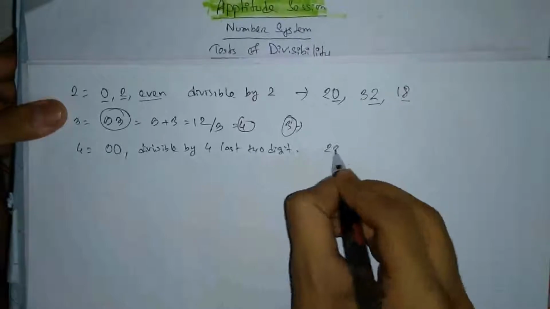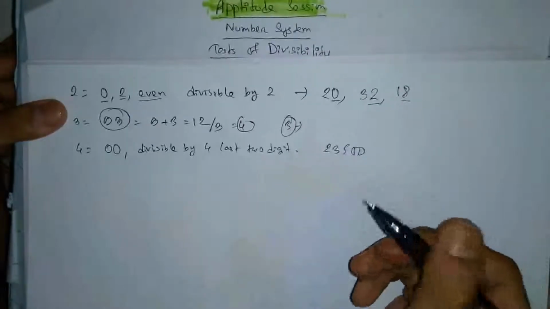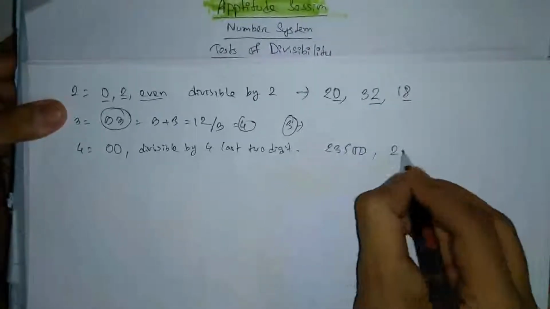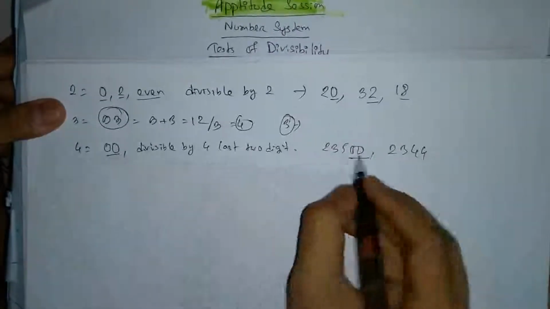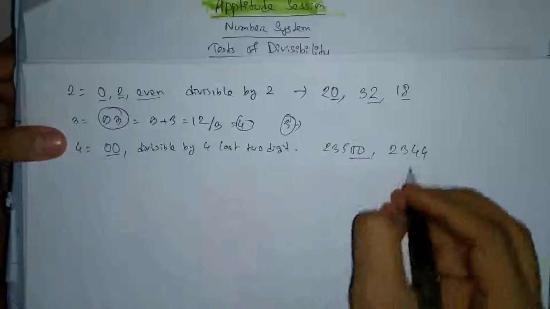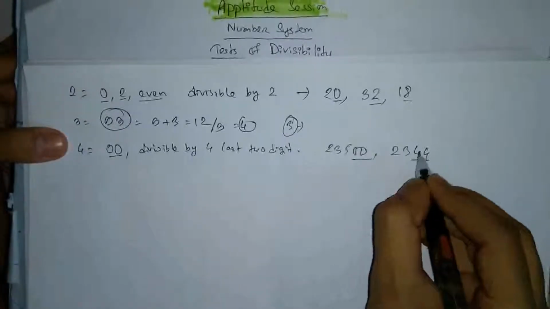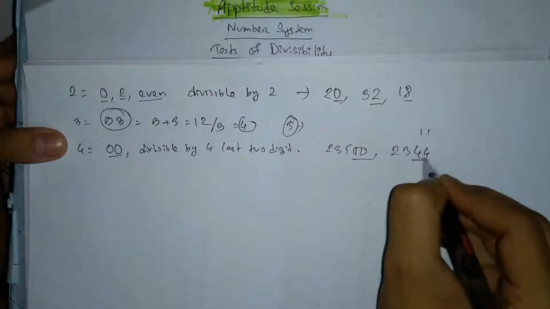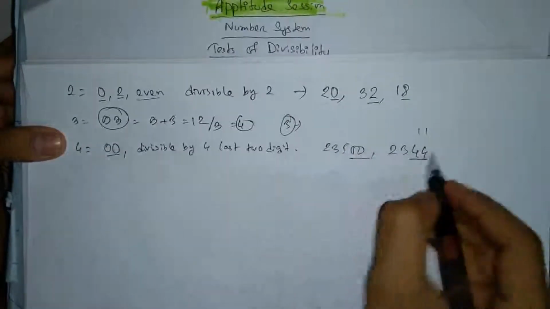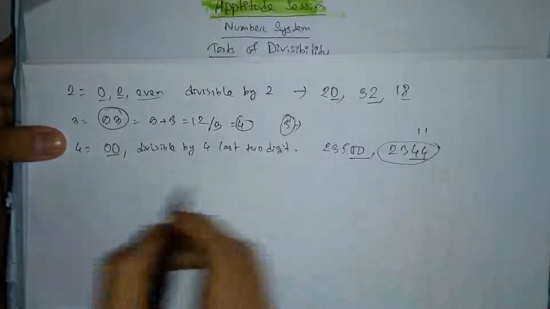Like 23500, and let's take 2344. Here the last 2 digits are 0, 0, so it is divisible by 4. And here the last 2 digits, 44, are divisible by 4, so this whole number will be divisible by 4.